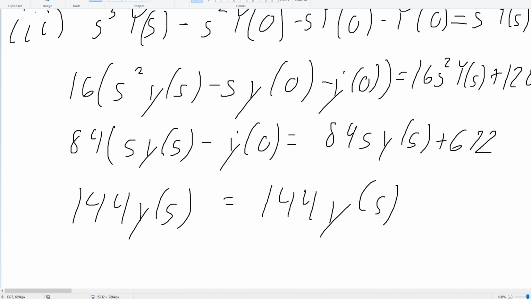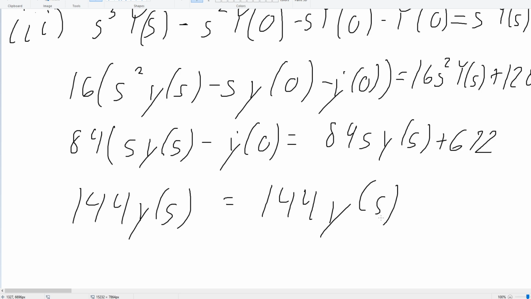Alright, so now you have all the parts of it. Luckily for this problem, you don't have to do the x's. You only have to find the Laplace of the y of s.